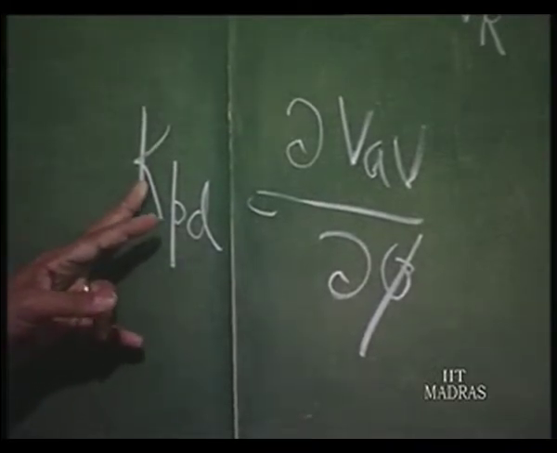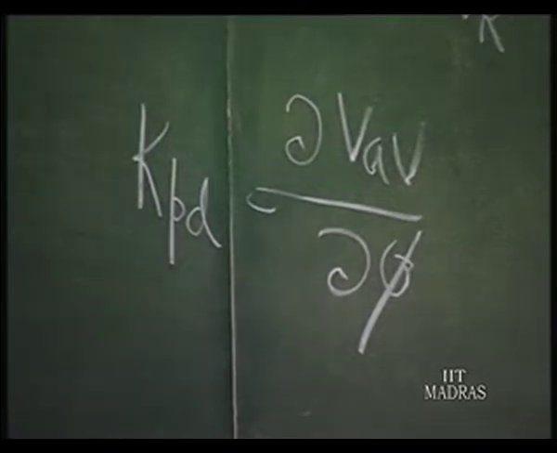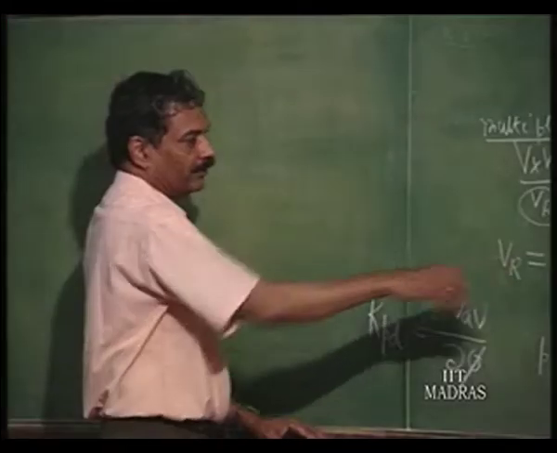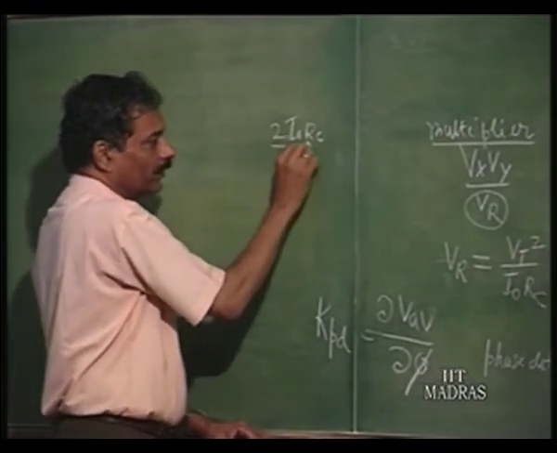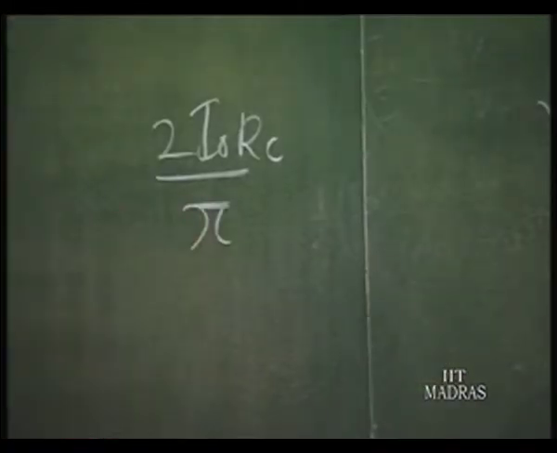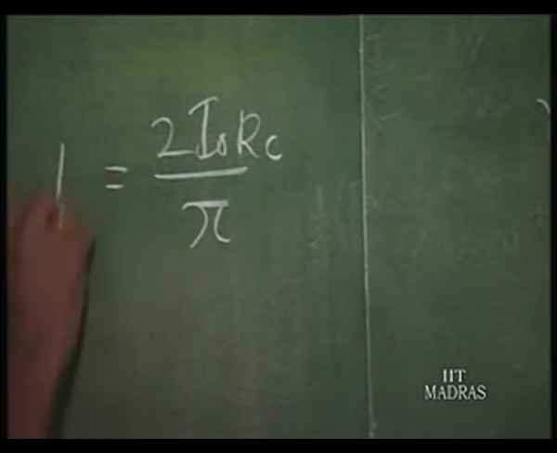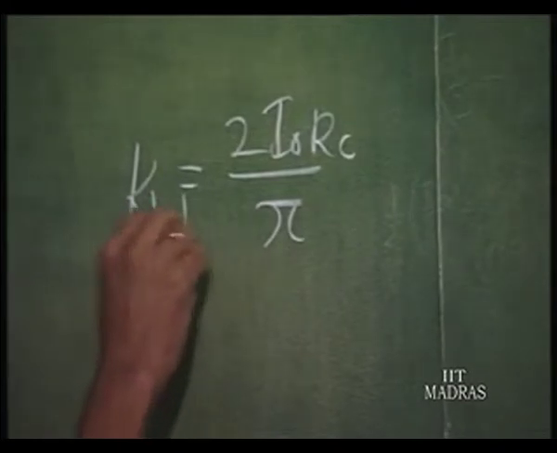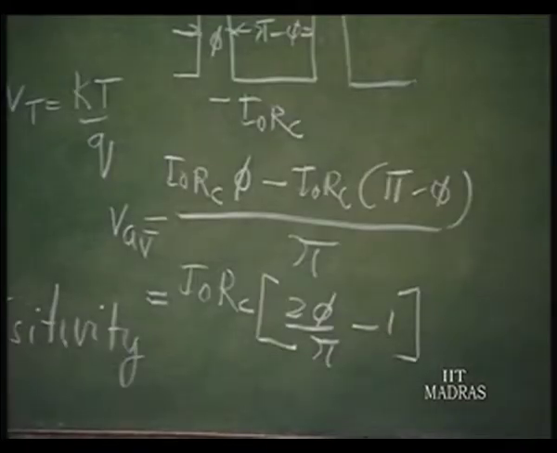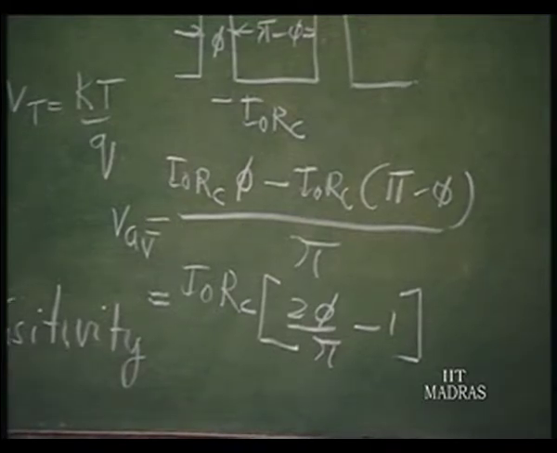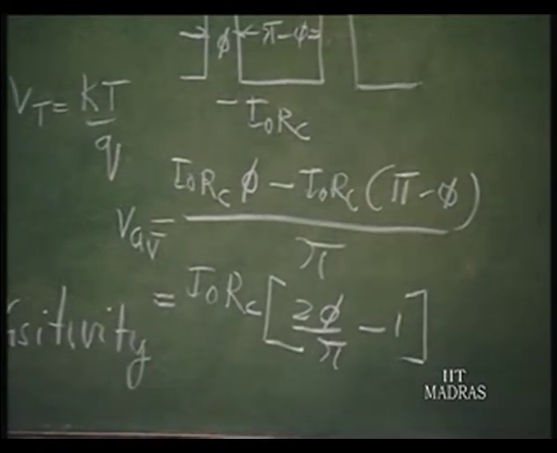Phase detector sensitivity KPD: if you look at that, the output goes from minus I naught Rc to I naught Rc over pi. Differentiate that, and this is KPD. For the linear phase detector, it is the same whatever be the quiescent phase at which you are working.